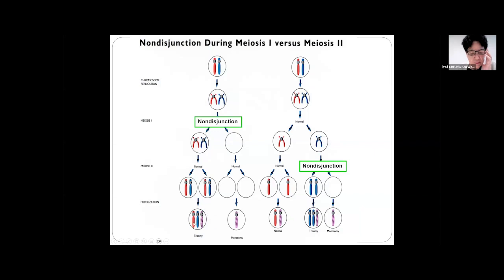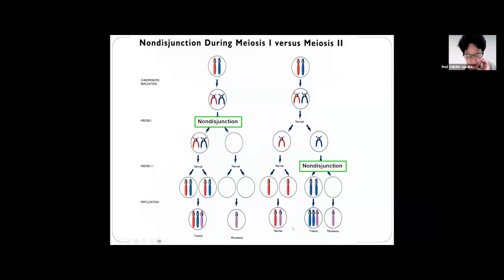And the three of them are from different origins. Whereas in meiosis 2, meiosis 1 is normal, and then you have the non-disjunction, so you have both of the duplicates. So these two are of similar origin, and then fertilized with the sperm, you have the trisomy.